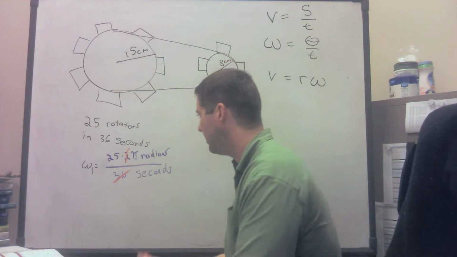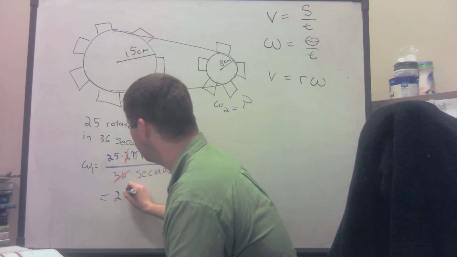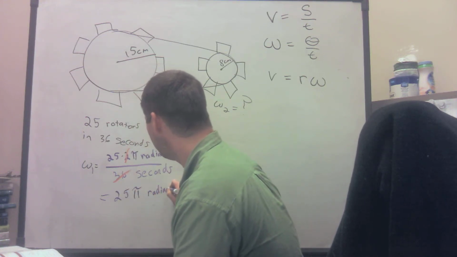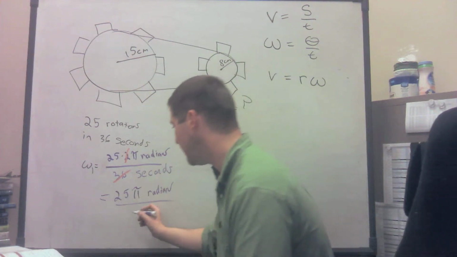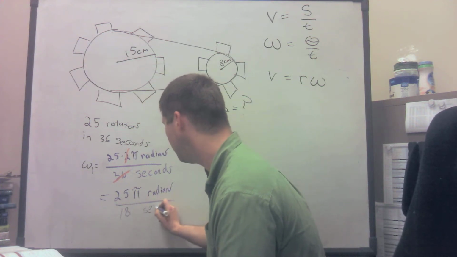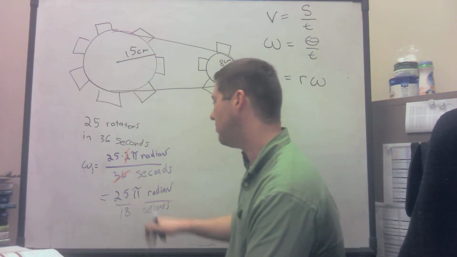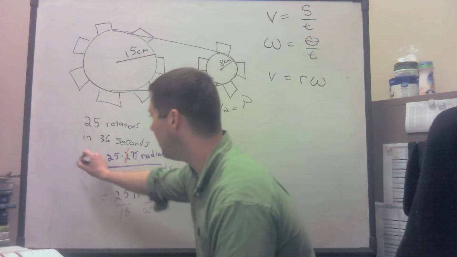That leaves me, on the top, with 25 pi radians. On the bottom, 36 divided by 2 is 18 seconds. Or you could say I've got 25 pi over 18 radians per second. So I've got the first part figured out.